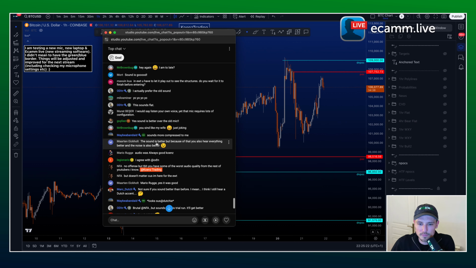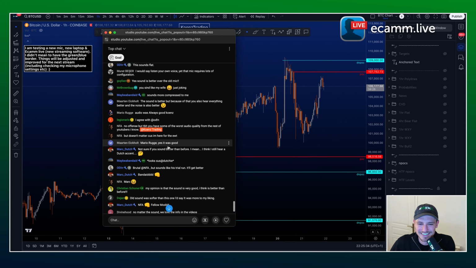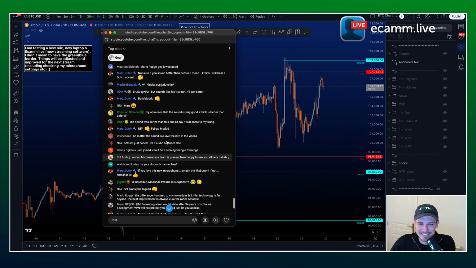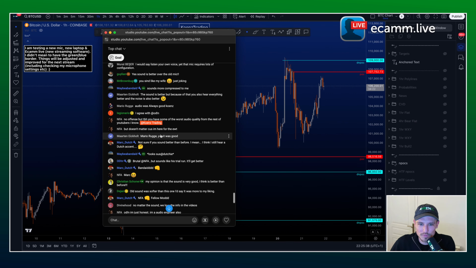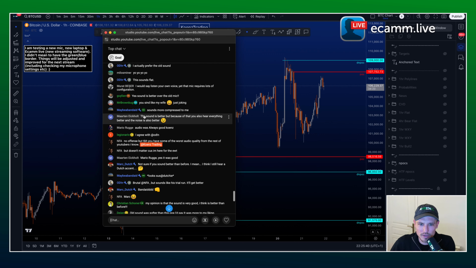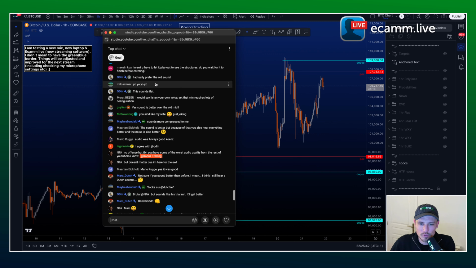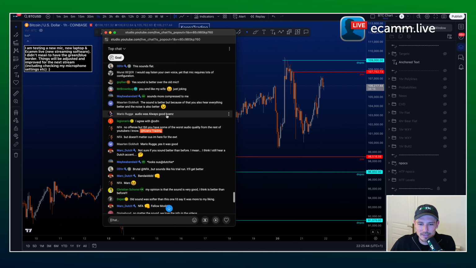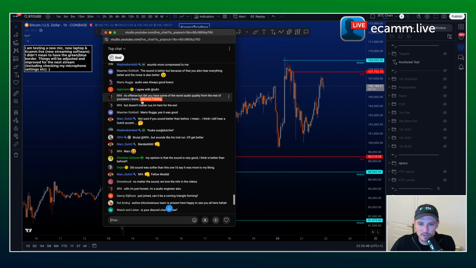Sounds more compressed to me. Yeah, I do have some settings with compressor. The sound is better, but because of that, you also hear everything better. The noise is also better. I see. Okay, not everything improved. I agree with Odin. Prefer the old sound. This sounds flat. Yeah, I still have to tweak.